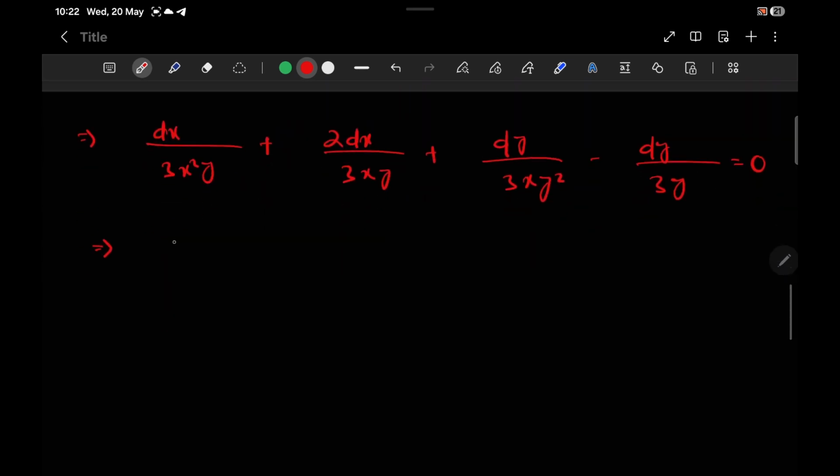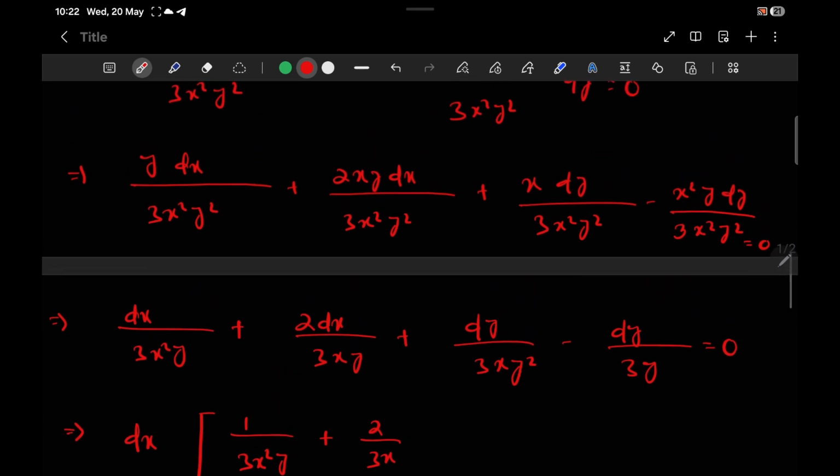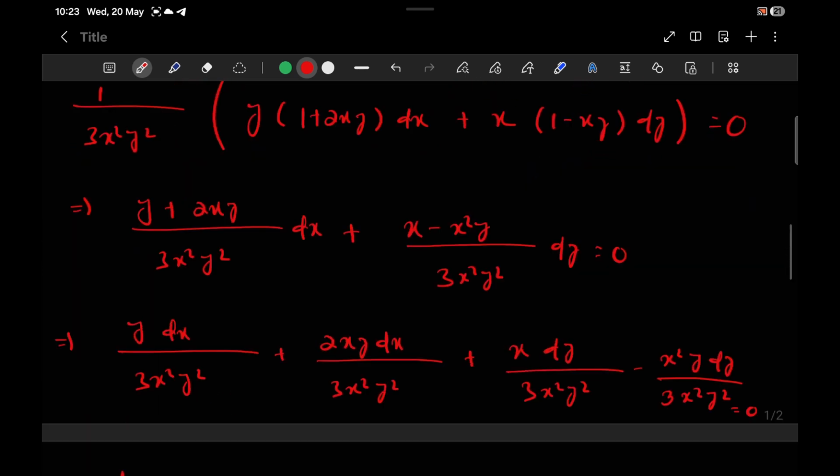So we got dx into 1/(3x²y) + 2/(3x). I have made a little bit of a mistake here.